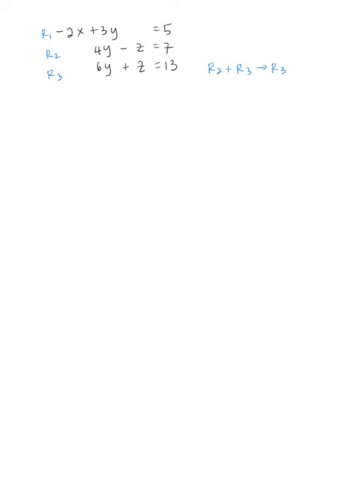Okay, so then if I do that, I'm going to have 4y minus z equals 7, 6y plus z equals 13, add, then you're going to have 10y, and then this is going to cancel out, and this is going to become 20. So look at it. We have y equals 2.